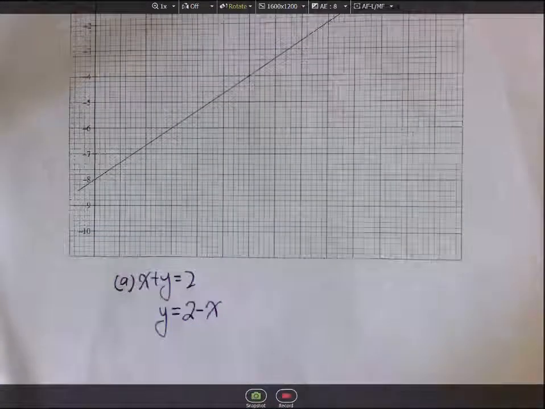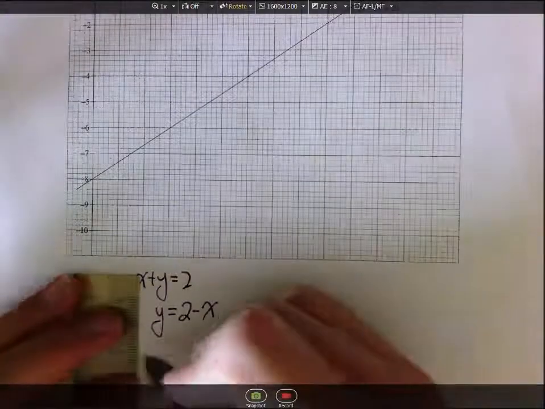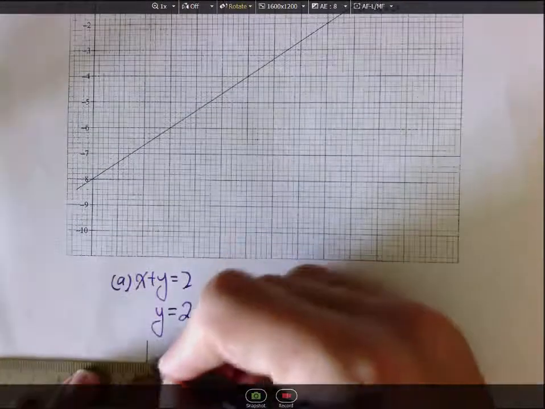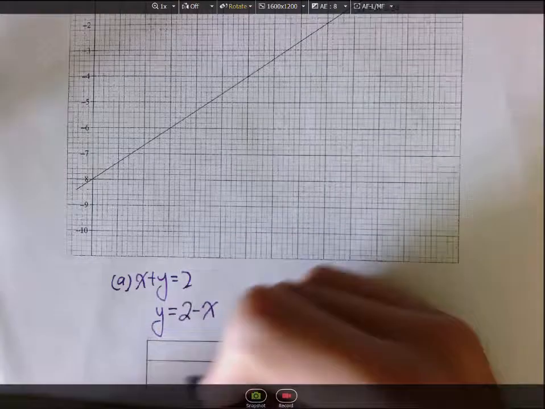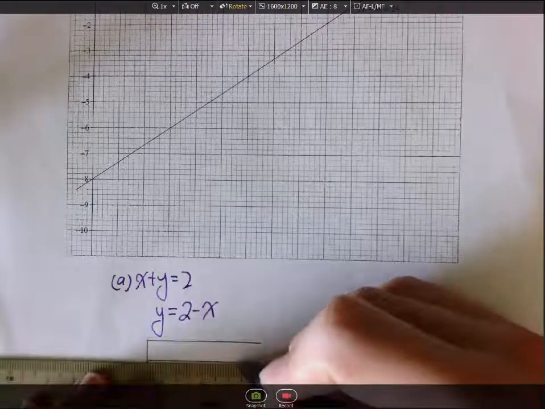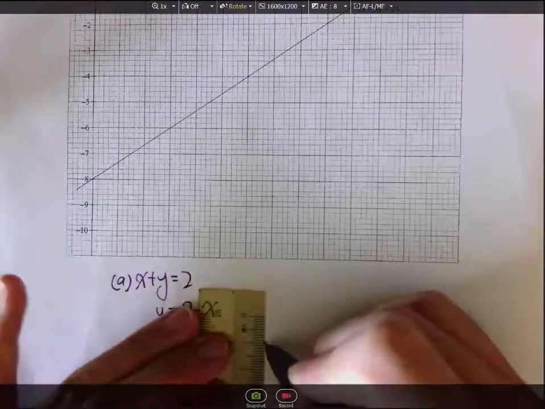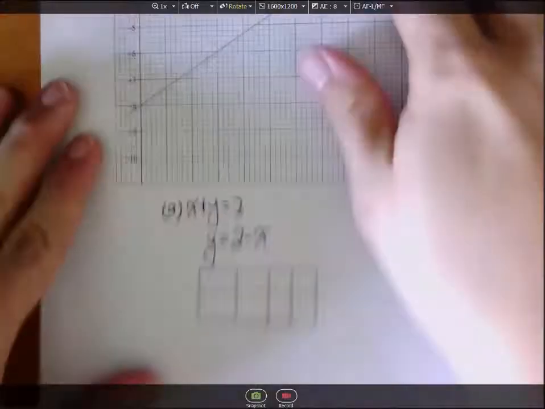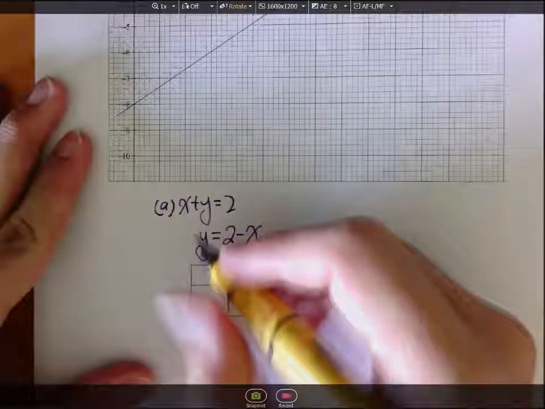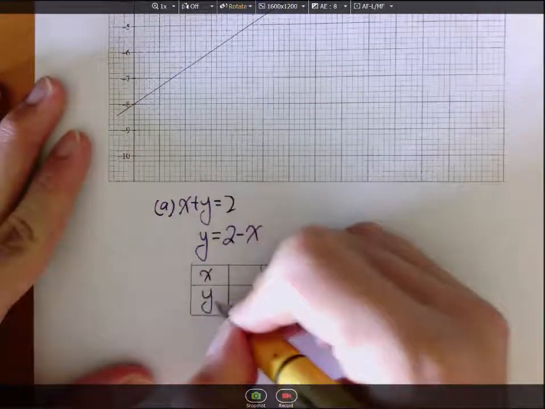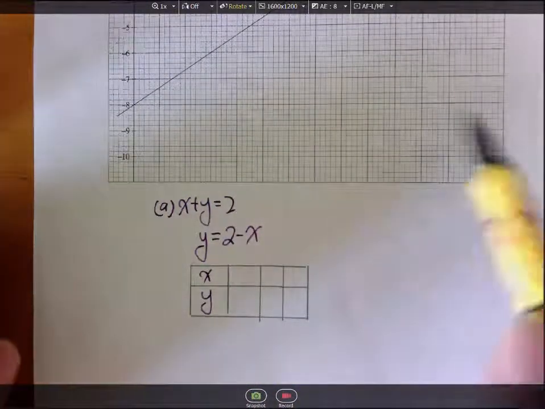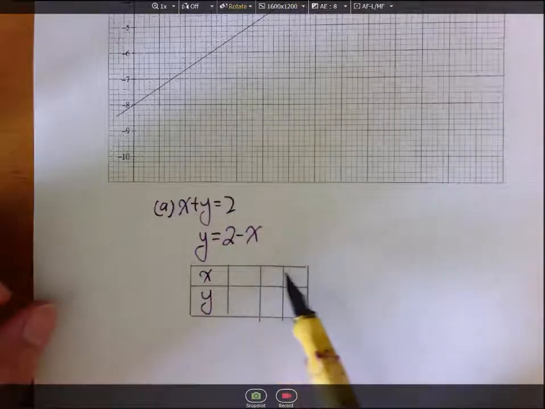We need 3 points, so I draw a table first. We have to choose a few values of x.